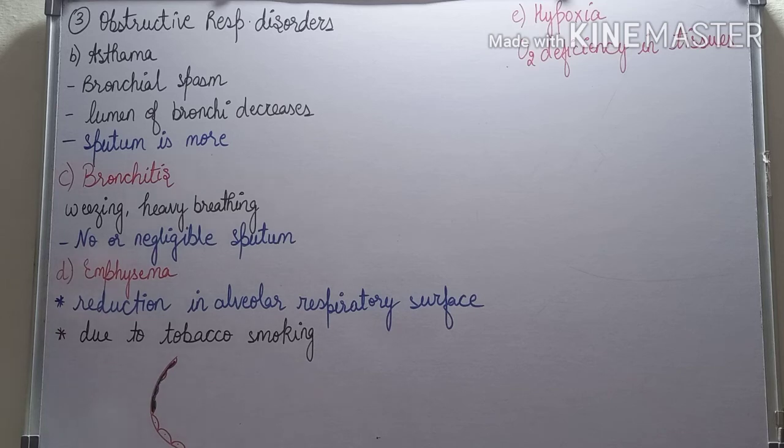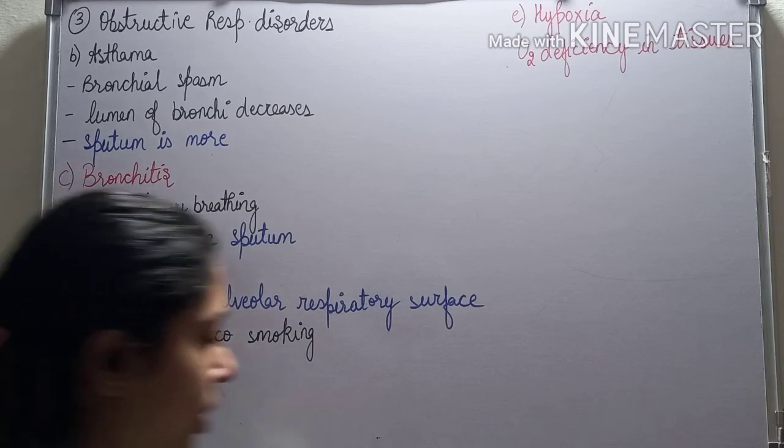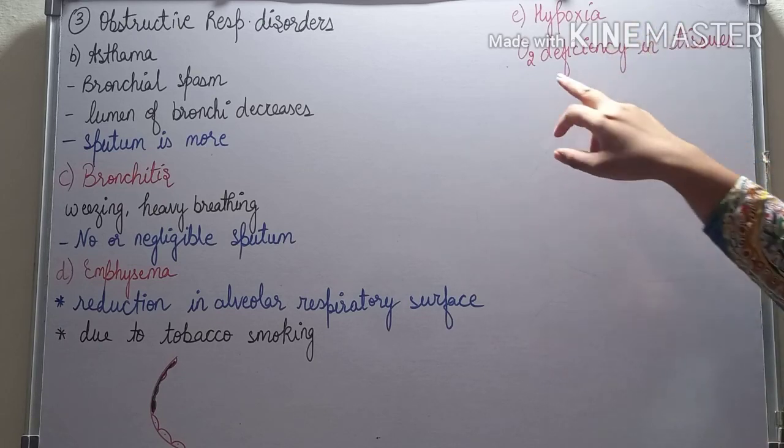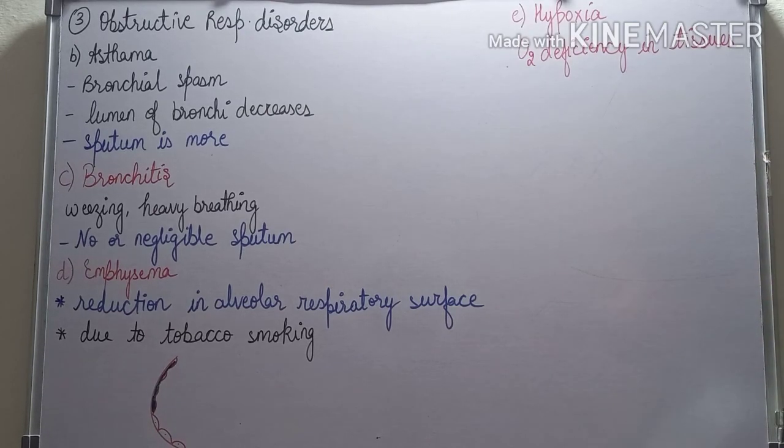And the next type of, or the last type of obstructive respiratory disorder is hypoxia. Hypoxia is what? Oxygen deficiency in the tissues.